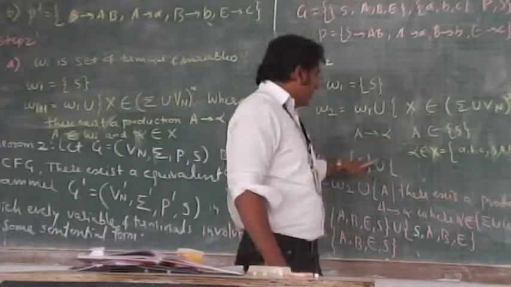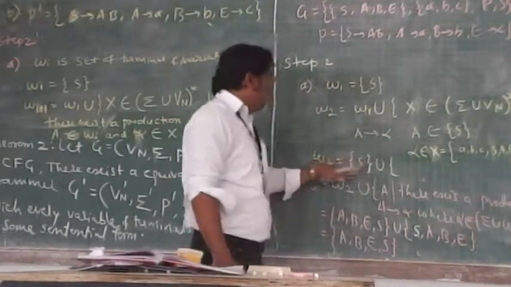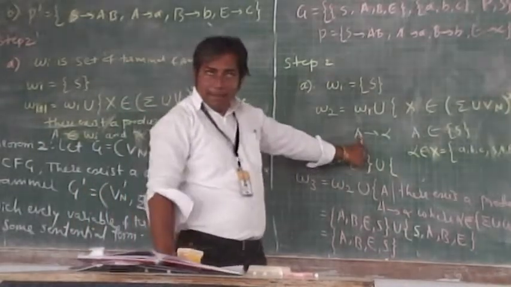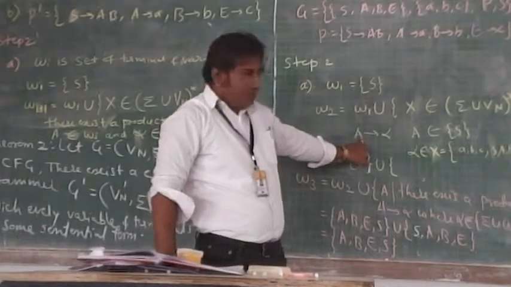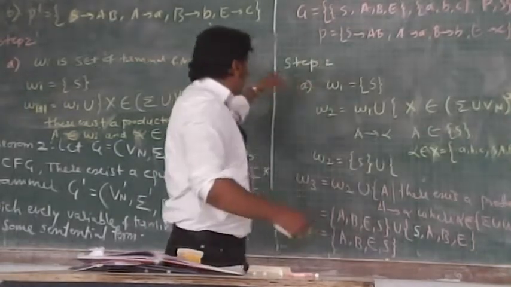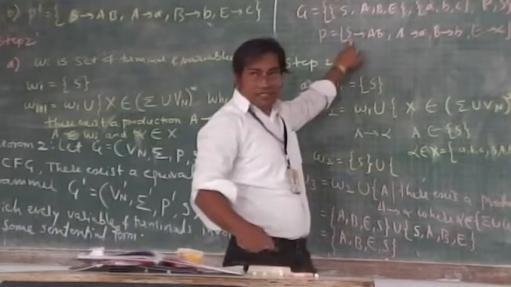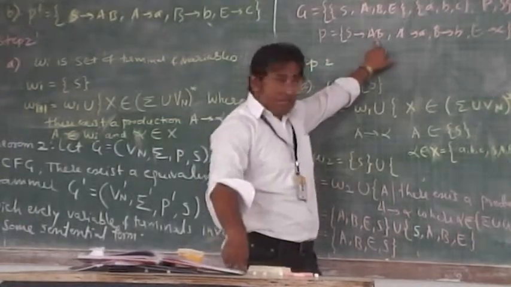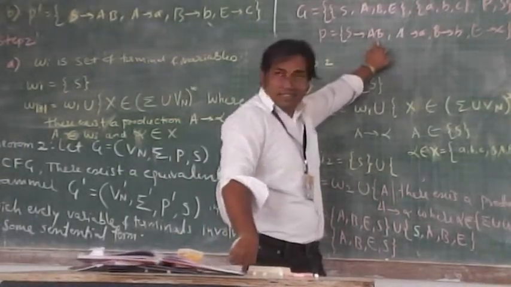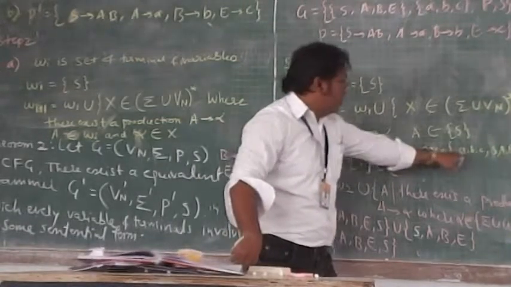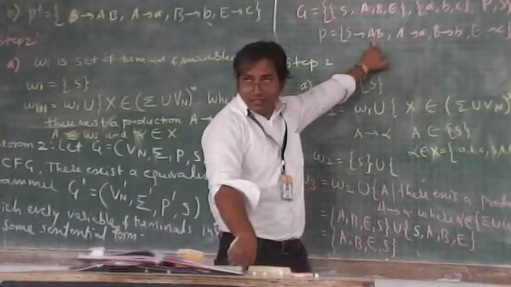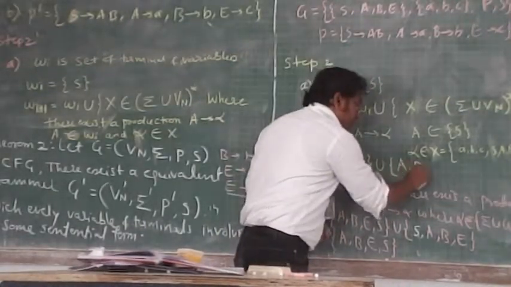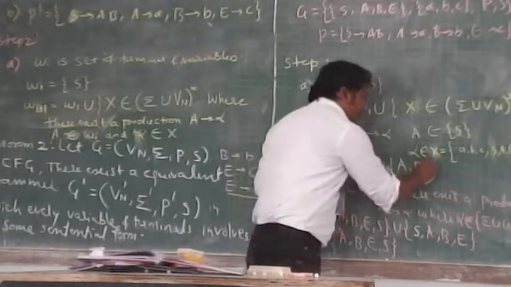You need to see such productions. What is A here? A is S, so go to the S production. This is my S production. See the right hand side of the production, AB. Do A and B belong to X? Yes. In that case, A and B you need to include.